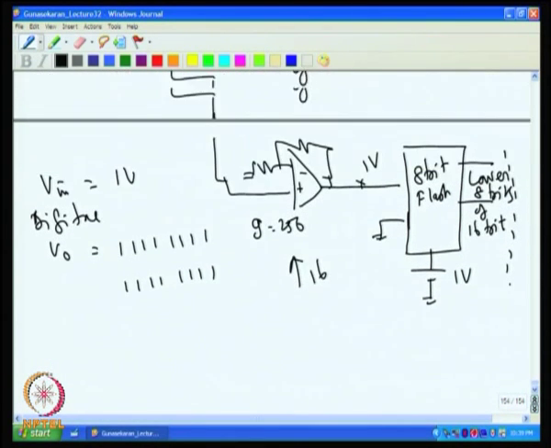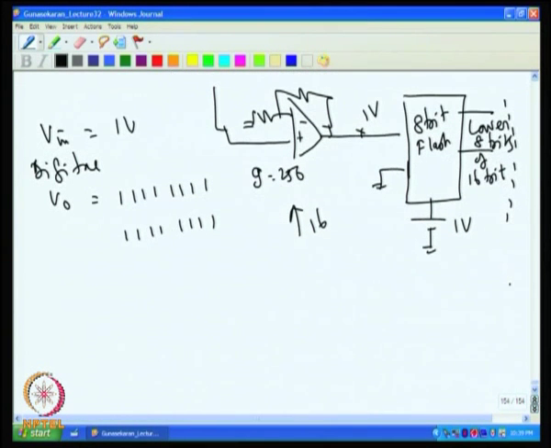So, this is actually called a subranging A to D converter, which is very common in flash ADCs, because there is no way one can get 64,000 comparators and 64,000 resistors and make them a workable unit; it is practically not viable.